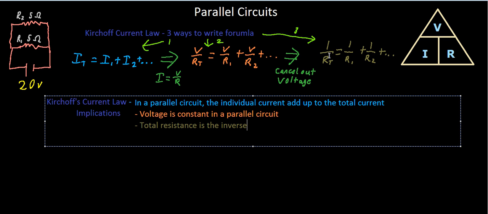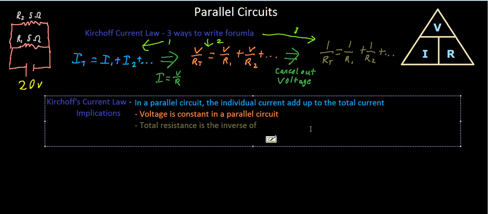And that's what this means. 1 over resistance total is the inverse of resistance total of the sum of the individual resistors' inverses. And again, this is individual resistor 1 and individual resistor 2, so 1 over R1 is the inverse of resistor 1, and 1 over R2 is the inverse of resistor 2.